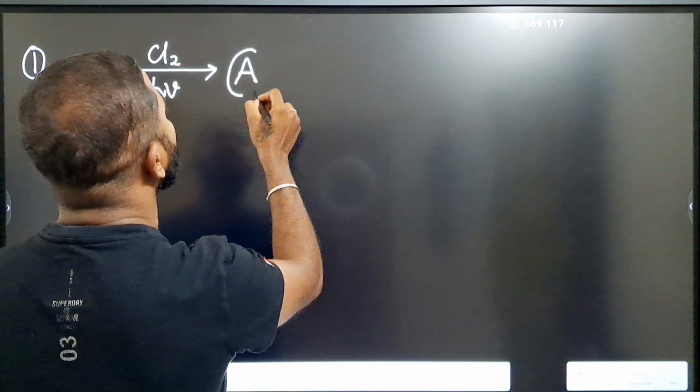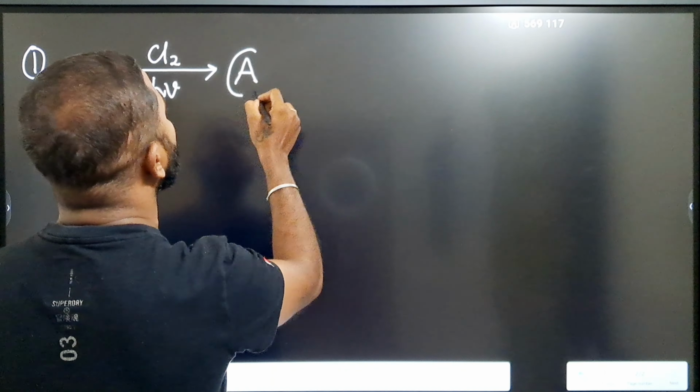So we have acetylene, and now let us try to pass this through a red hot copper tube or red hot iron tube. Then what happens here?